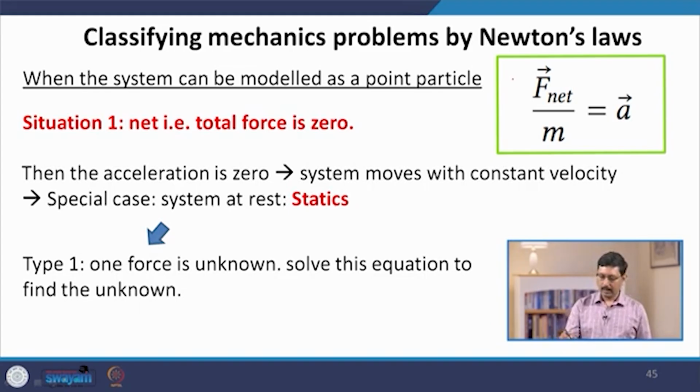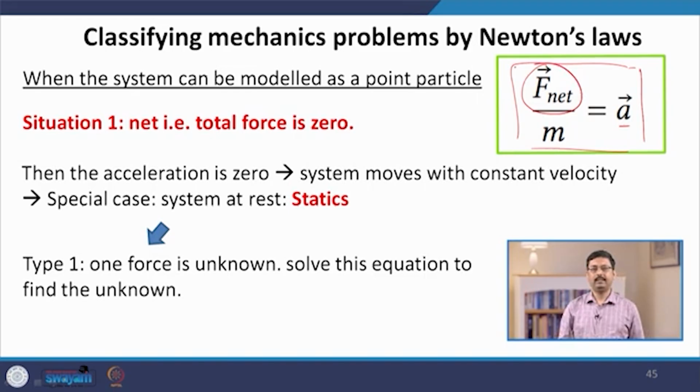Here I write down, to recall, Newton's second law, the version in which the total force divided by m gives you the acceleration of the object. So, the first situation is when the net force is 0. Then Newton's second law shows that the acceleration must be 0, which means the system moves with a constant velocity, which is Newton's first law.